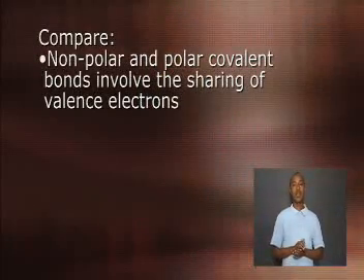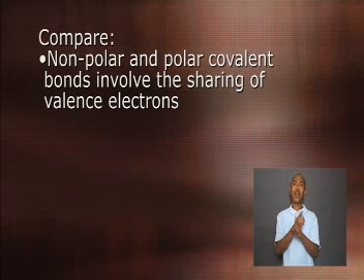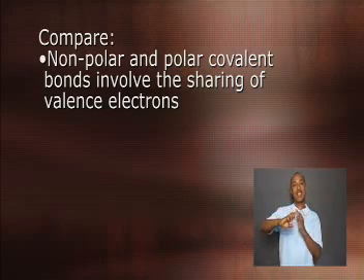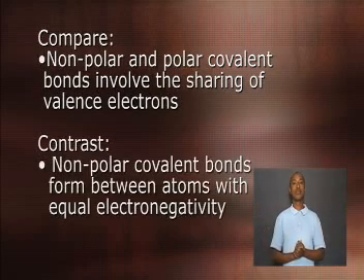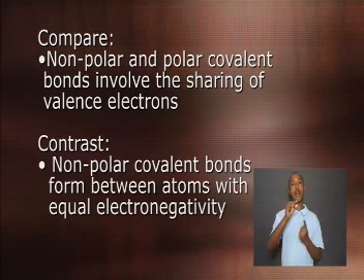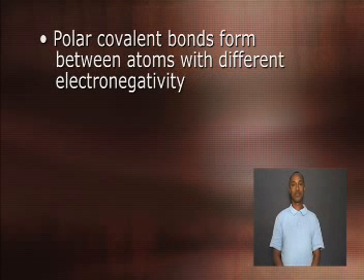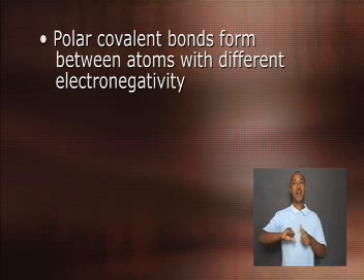As a comparison, you were correct to say that both nonpolar and polar covalent bonds involve the sharing of valence electrons. As a contrast, nonpolar covalent bonds are formed between atoms that have equal electronegativity, whereas polar covalent bonds are formed between atoms that have different electronegativity.